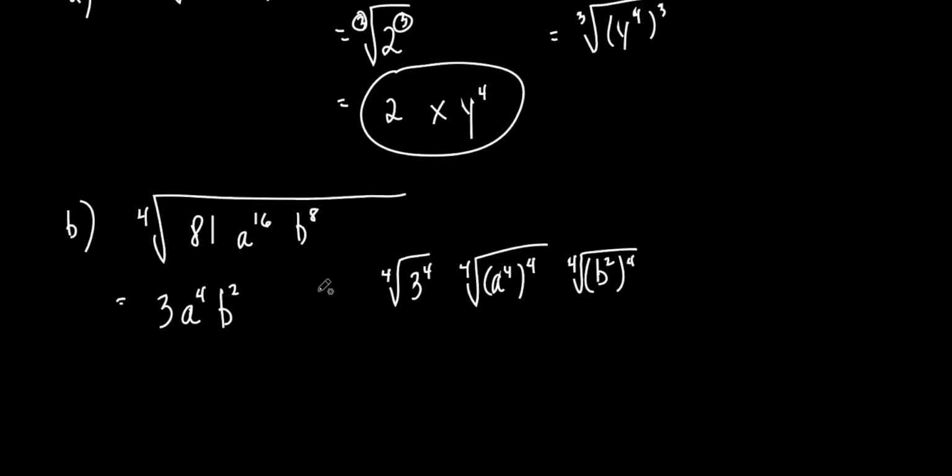That cancels, you're left with a 3. That cancels, you're left with a to the fourth. The fourth root and the fourth power cancel, I'm left with a b squared. That's kind of like your intermediate step. But after you get used to these, you should just be able to go from right here to right here and not have to write all that stuff out. Make sense? All right? Let's do another one.